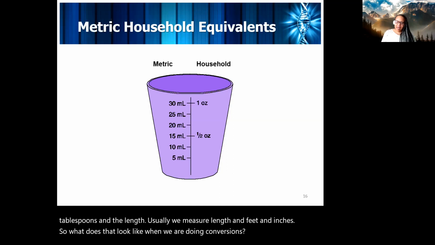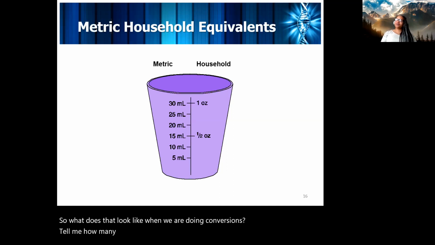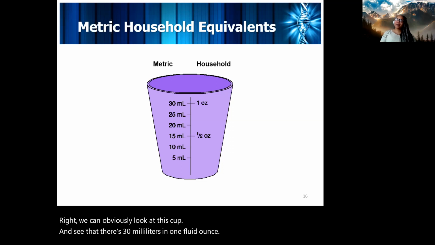Tell me, how many milliliters are there in 1 fluid ounce? Right, we can obviously look at this cup and see that there's 30 milliliters in 1 fluid ounce.